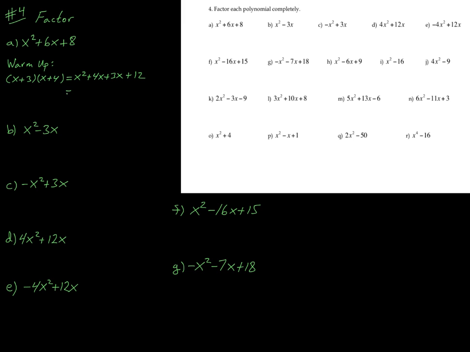And then I, of course, can combine those middle terms, and that's going to give me x squared plus 7x plus 12. Okay, the big takeaway here is that the 12, we're building that from the 3 and the 4, right? It's 3 times 4 that's really giving us that 12.